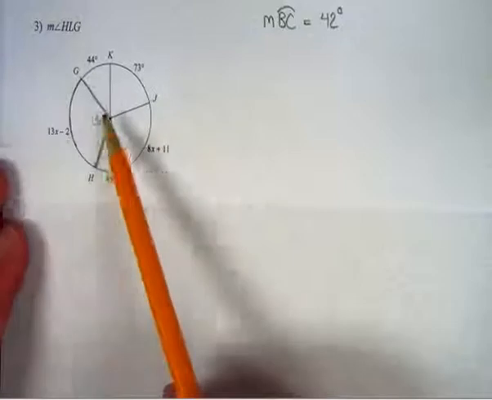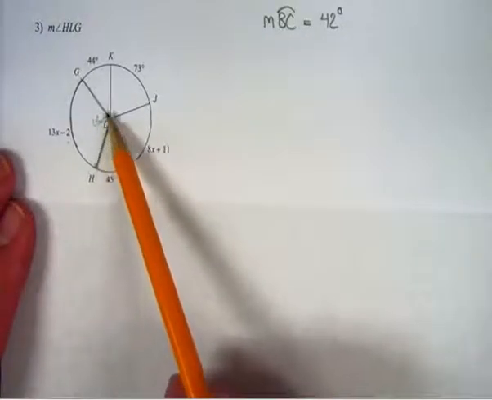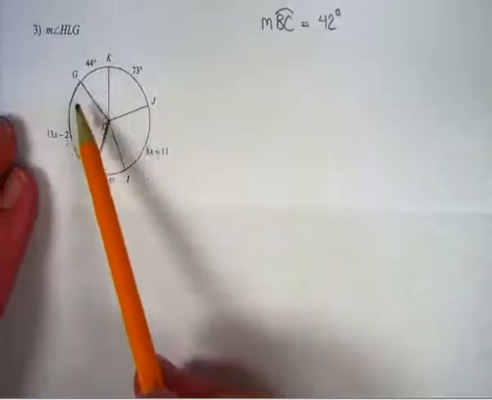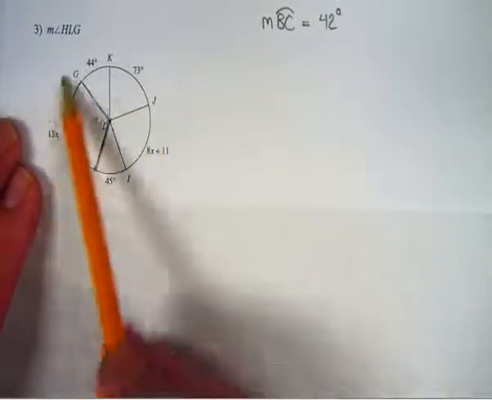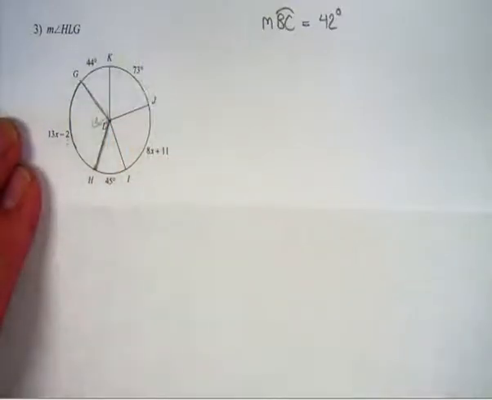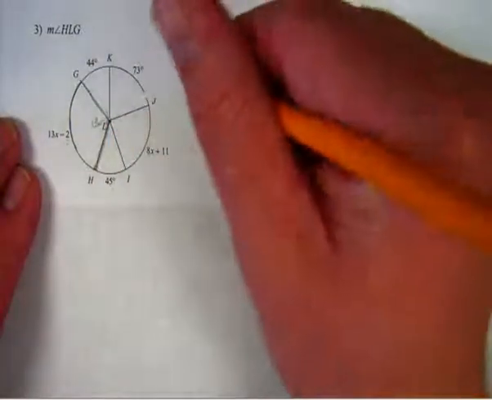And we can't fall back on that piece of information that the central angle is the same as the arc. That doesn't help us at all. We do have other information though. We know what degree of arc there is in a circle. If we add up all of these, it has to equal 360.